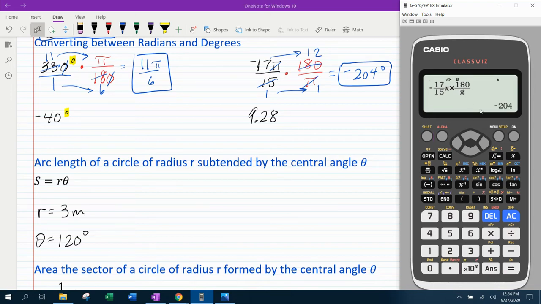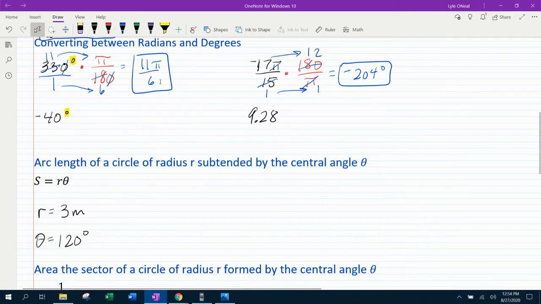And notice the calculator does it all for you. So you can do it manually or electronically. But the main thing you need to know is that going from degrees to radians, you multiply by pi over 180. And to go from radians to degrees, multiply by 180 over pi.